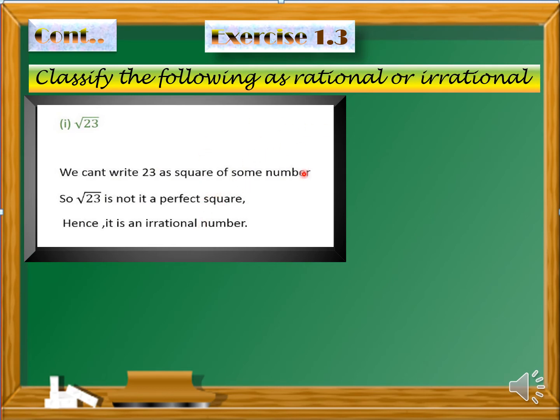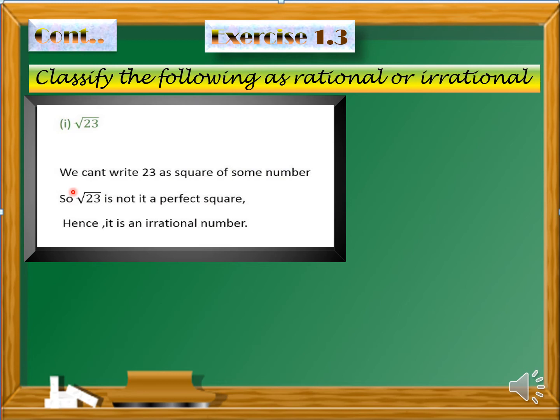A perfect square is a number that is a value multiplied by itself. For example, 9 into 9 gives 81, so root 81 is 9. Here root 23 is not a perfect square.